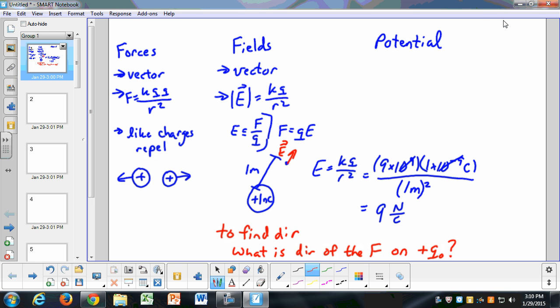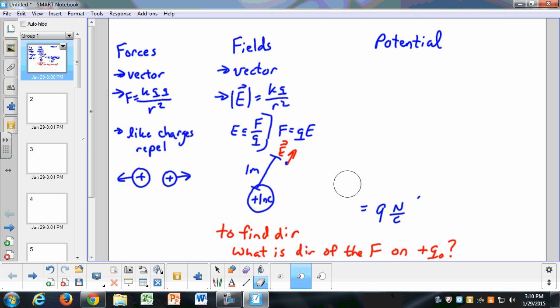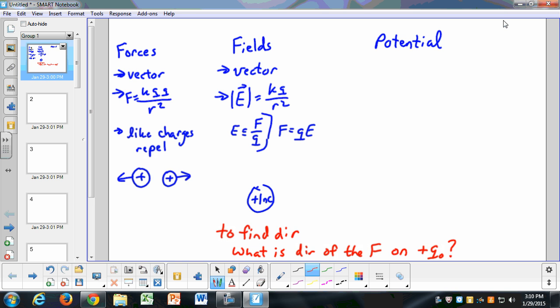Now, potential is something that we haven't gotten into yet. Let me show you, just sort of to list it here for completion because it follows closely. Let me first show you, if I take this charge and I map out the electric field, and we'll look at some lines in just a bit, I represent it with electric field lines like this.